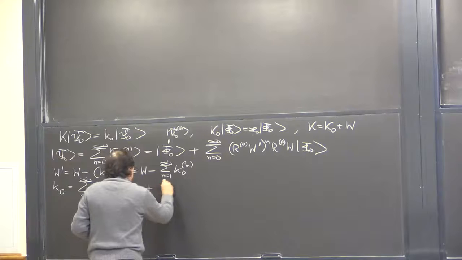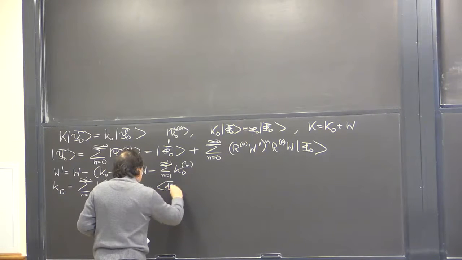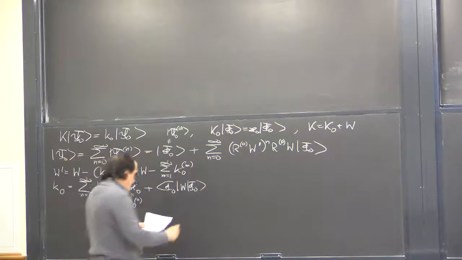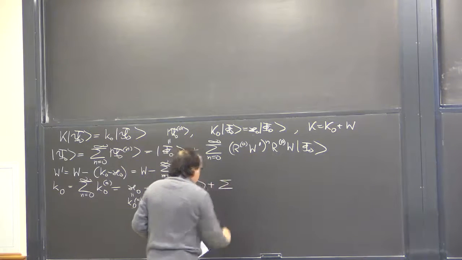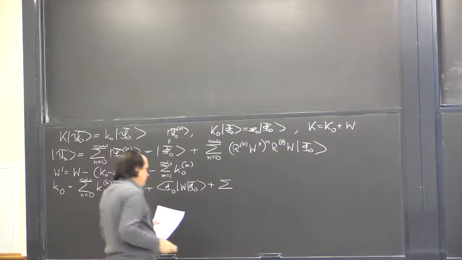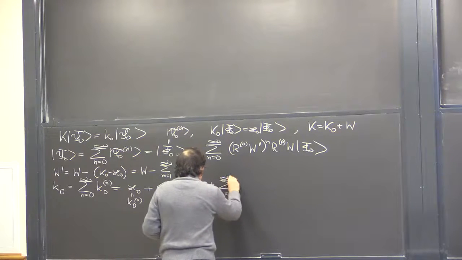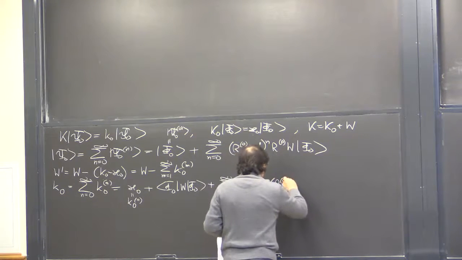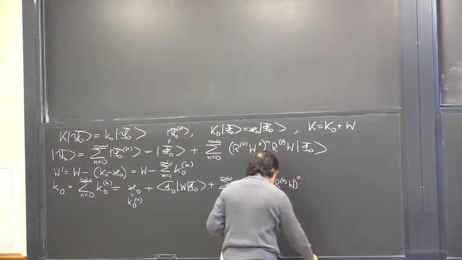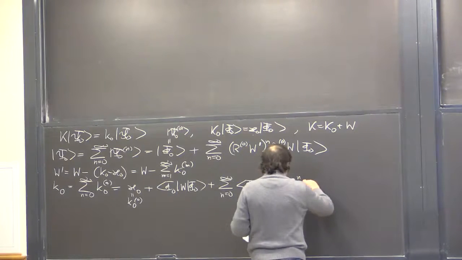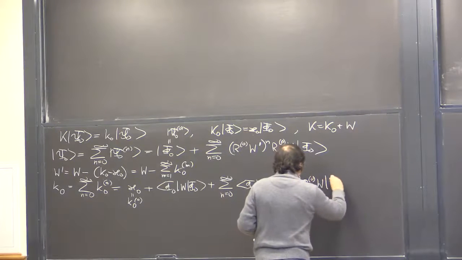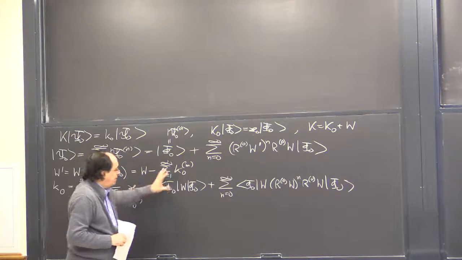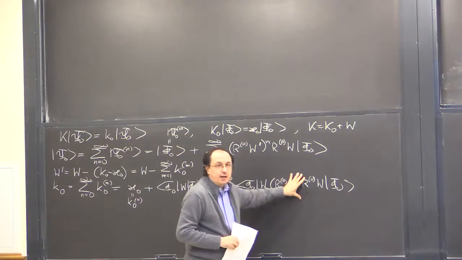And then we have the first order, which is an expectation value of the perturbation operator W in phi 0. And then we have second and higher orders buried in a series which looks as follows. We have phi 0 W R 0 W prime to the n, then we have R 0 W phi 0. Okay, so we have this very nice structure: zeroth order, first order, second and higher orders here.